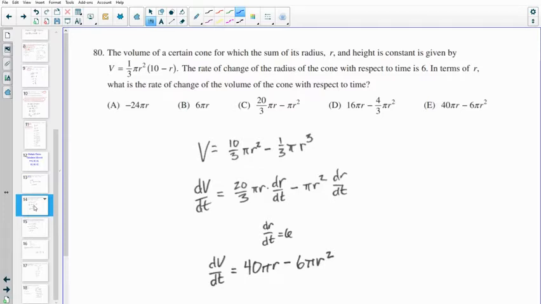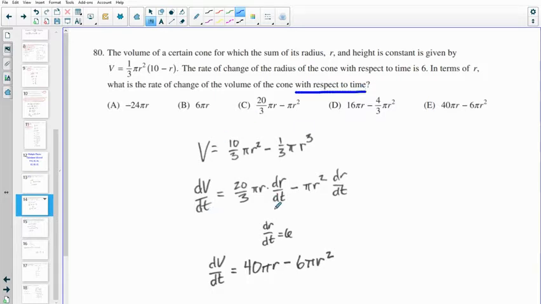Fortunately, it's not too bad, especially if you do the first step that I did. If you distribute this over both of those terms, you save yourself having to do product rule. And so the first step I did was just simplification and then differentiate. And then because we're taking the derivative with respect to time, everything's dV/dt, dr/dt.